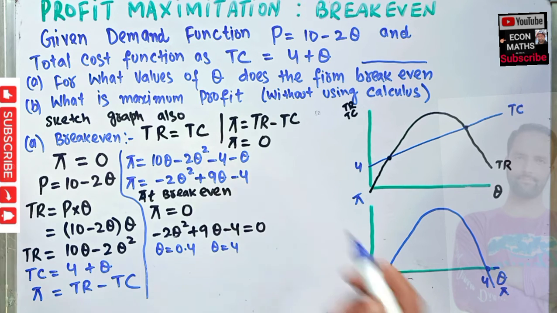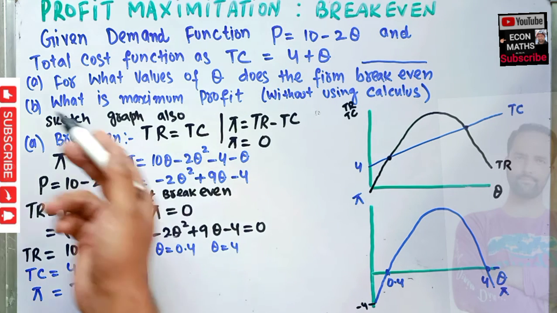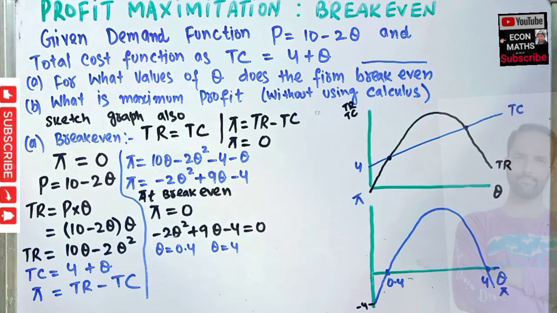So this was the solution of the first part. Then the question asks what is the maximum profit. If we have an inverted U-shaped curve, by symmetry this parabola will reach its maximum halfway between 0.5 and 4.